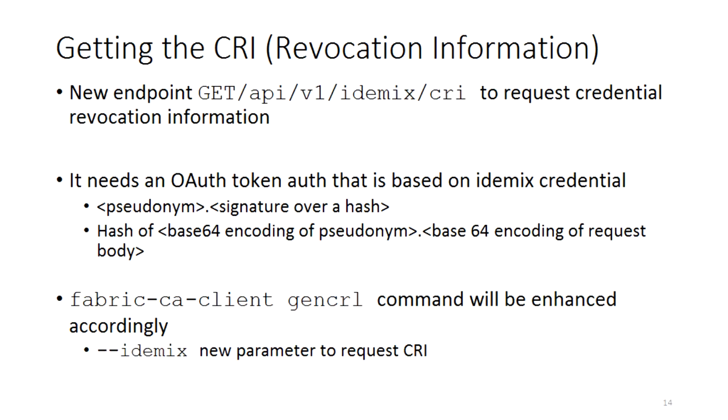Instead of a certificate, we create a pseudonym, which you can think of as a certificate, in this case a public key, and a signature over the hash of the base64 encoding of the pseudonym and the base64 encoding of the request body. This is the same mechanism that we use for creating a token based on an X509 certificate.